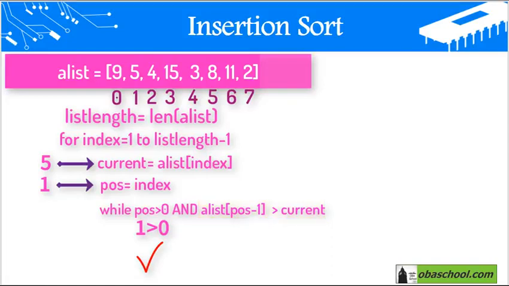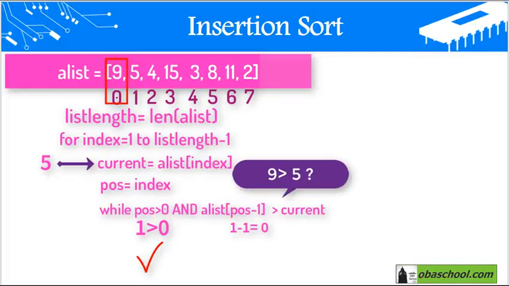We mean when the list variable has the position, which we said is 1 minus 1, so it's 0. So we have now list brackets 0. We mean by index 0, it contains number 9. Is 9 greater than the current, which is 5? So it's true, so we enter the while loop.